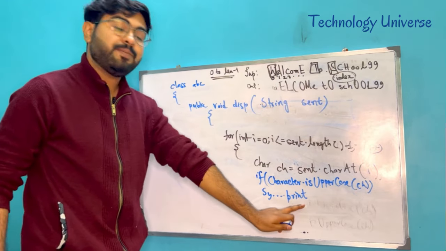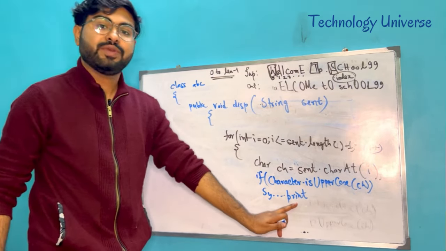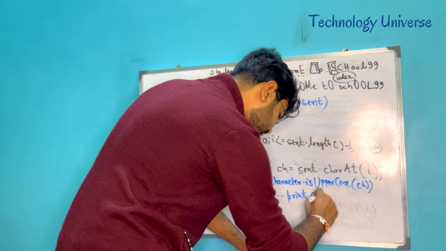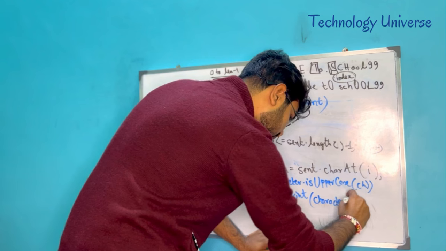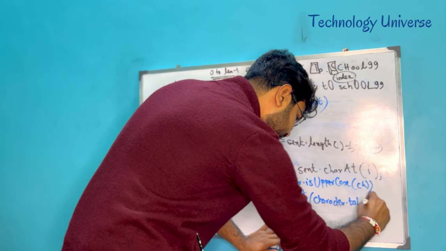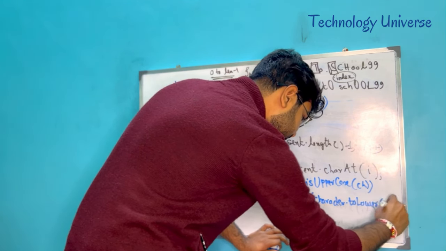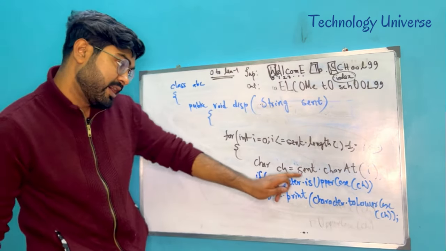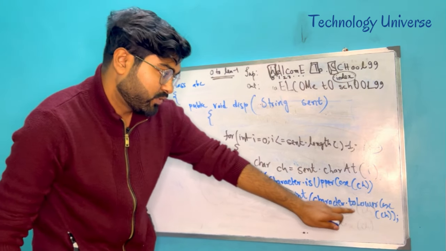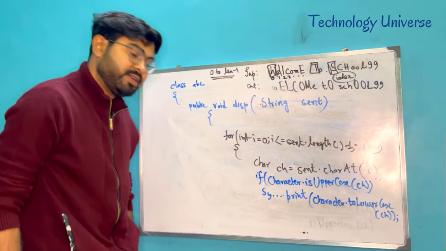So that's why I have written print, not println. Please note very carefully this line. What would I print? I would print Character.toLowerCase(ch). So if it is an uppercase letter, I have to convert that to lowercase, right?